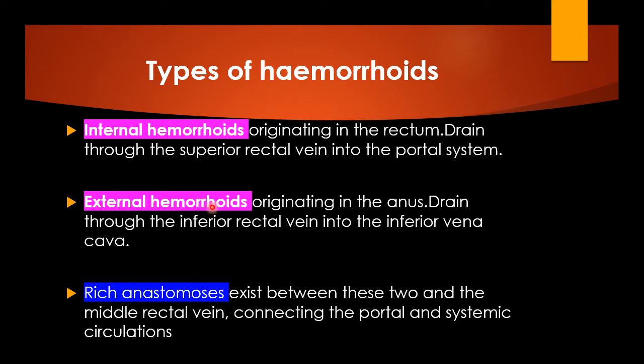External hemorrhoids originate in the lower anus, and drain through the inferior rectal vein into the inferior vena cava. Between these two venous systems, there is a rich anastomosis with the middle rectal vein, thus connecting the portal and systemic circulations.